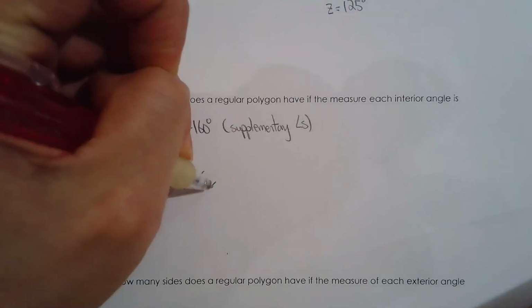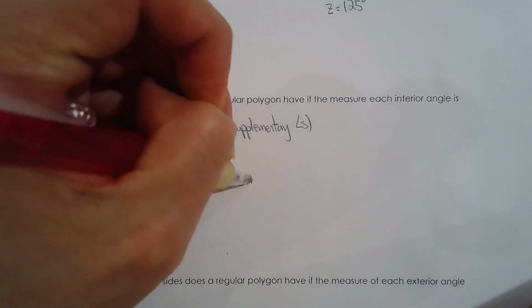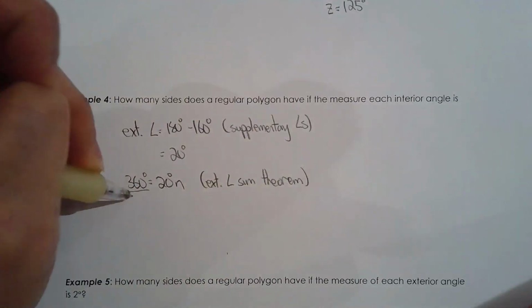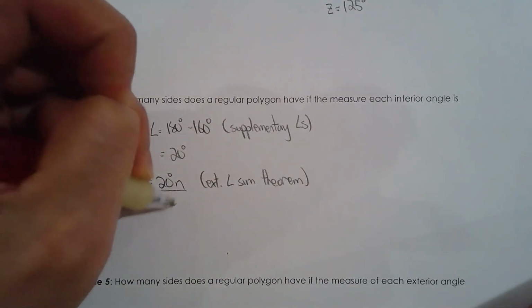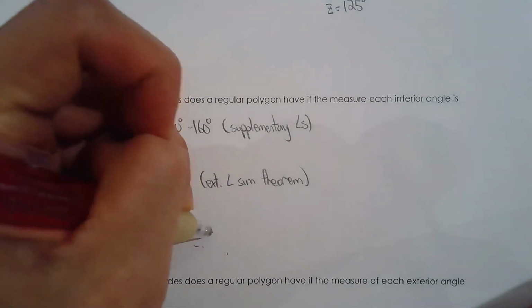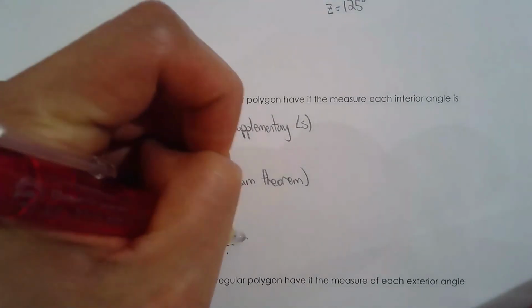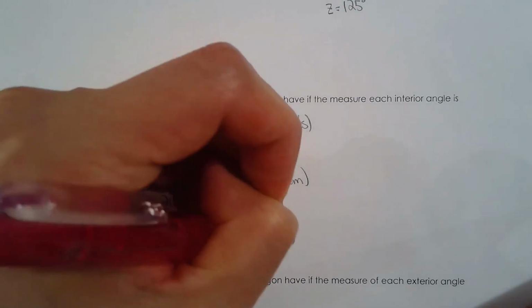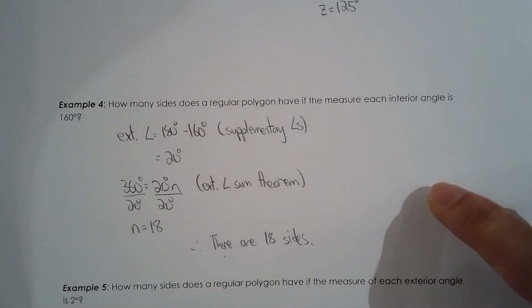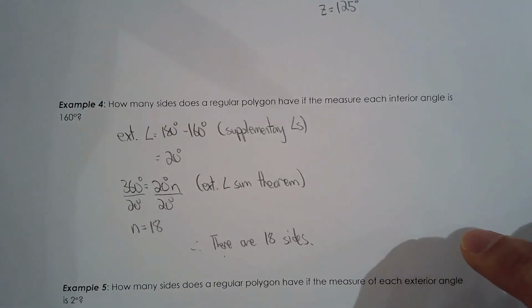So this is the exterior angle sum theorem. So divide both sides by 20, and I will know how many sides there are. 18. There are 18 sides.